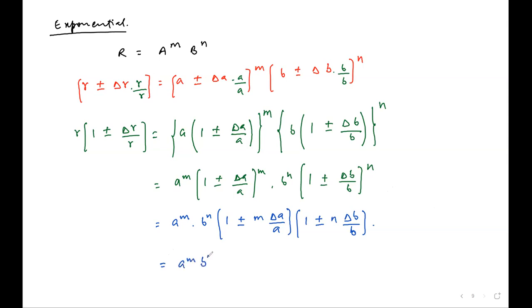So you will get a raised to m, b raised to n, (1 plus minus m times delta a by a plus minus n times delta b by b plus minus m into n delta a by a times delta b by b).